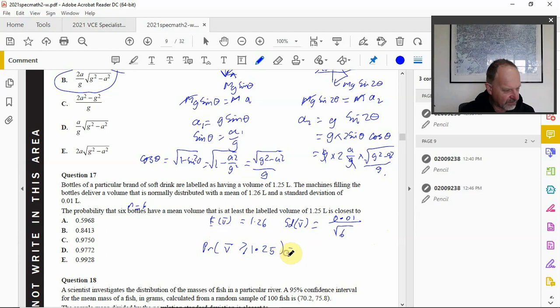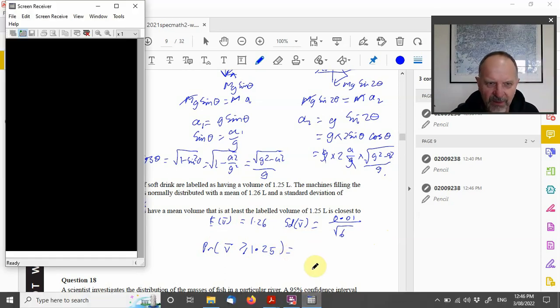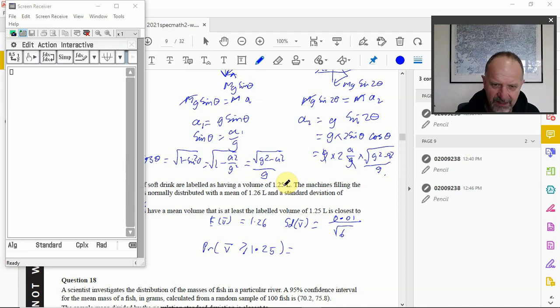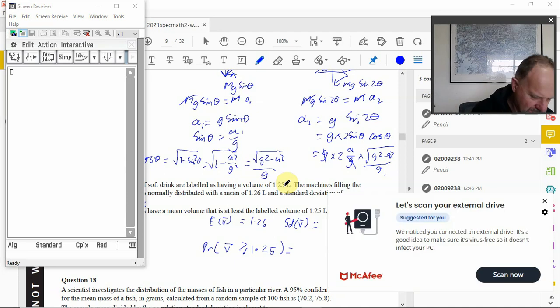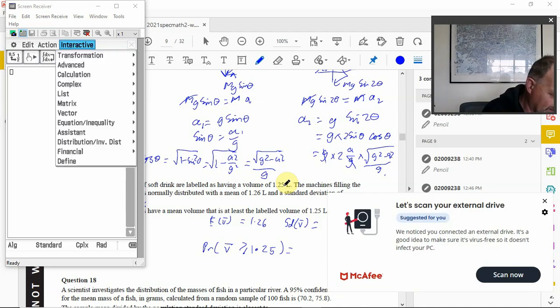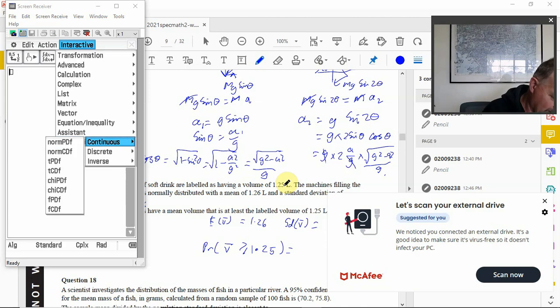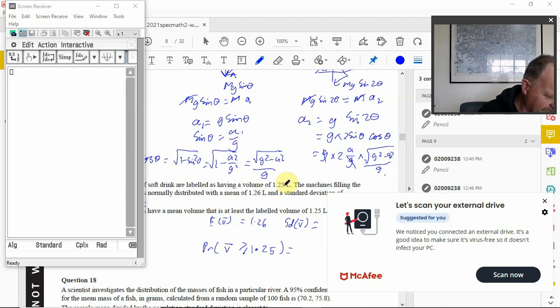So what we now need to do is go to our calculator and see what we can get here. There's our calculator. We need to go to our interactive, distributions, continuous, normal CDF.